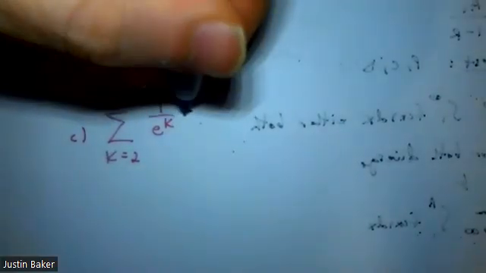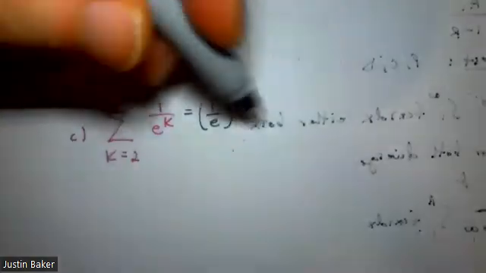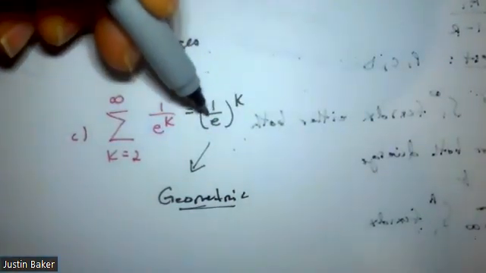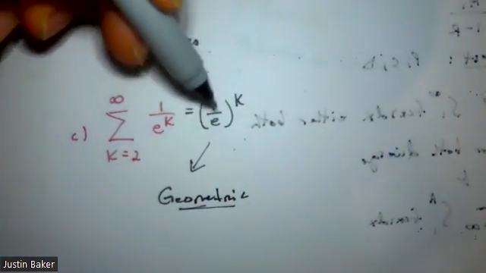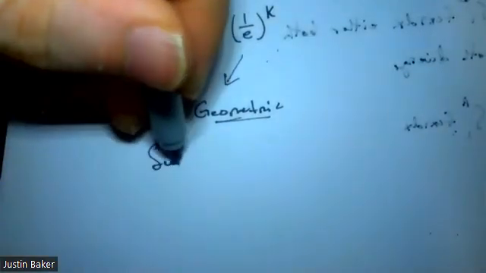So in reality, this is the same thing as saying 1 over E to the K. And this goes back to now being geometric. And since my ratio is a fraction, 1 divided by E is a fraction, we could in fact find the sum of this if you had to.